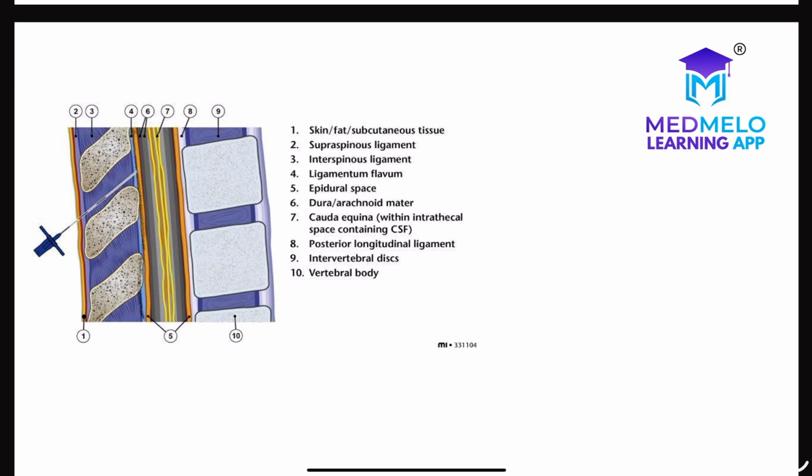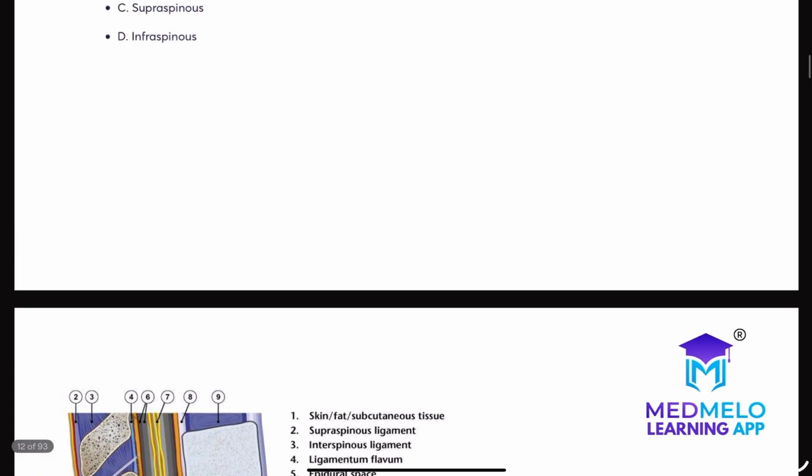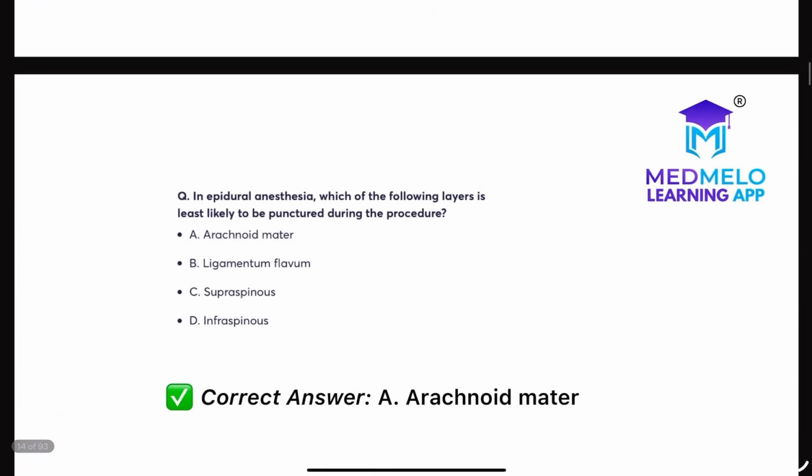So the least likely to be punctured are the dura, arachnoid mater, then the cauda equina, then the posterior longitudinal ligament, then the intervertebral space and the vertebral bodies. So the answer to the question is arachnoid mater, or dura mater, these are least likely to be punctured.